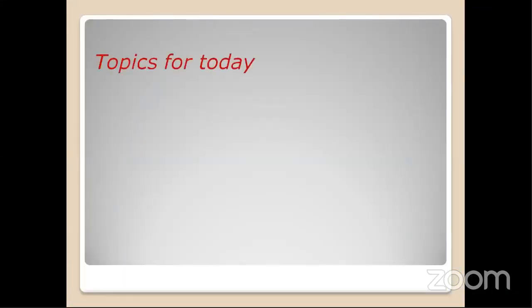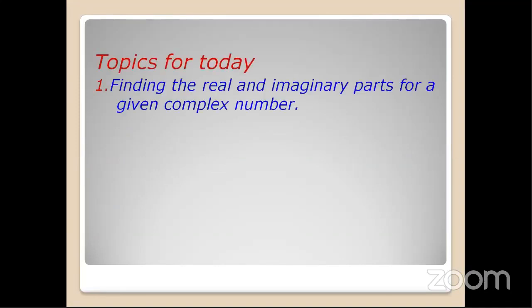Now, the topics for today: finding the real and imaginary parts for a given complex number. First, we will reduce the given complex number into A plus iB form. This is a continuation of the topic we dealt with in the previous sessions.